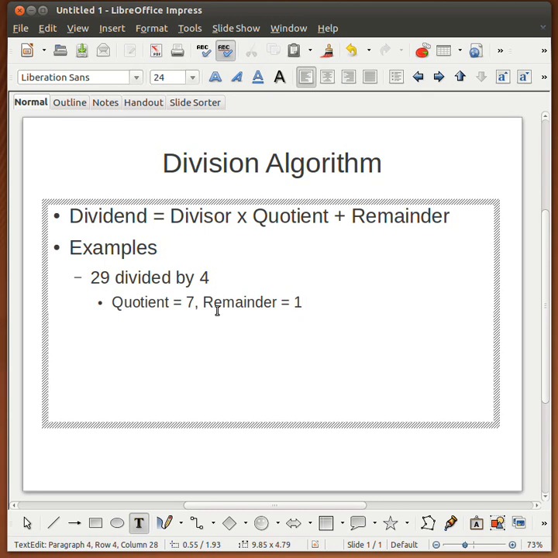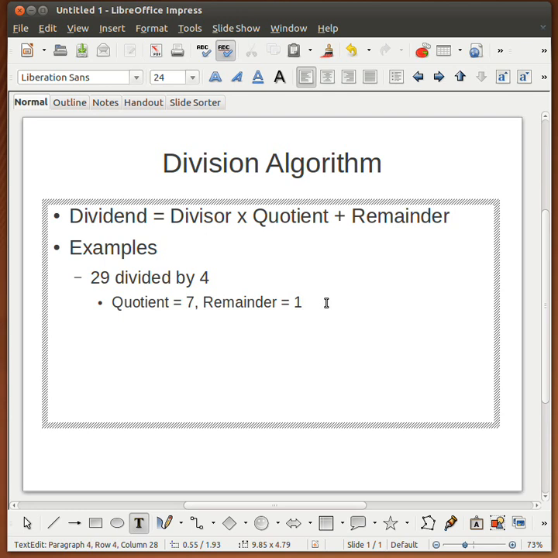So as you can see, 4 times 7 plus 1 equals 29, which is exactly what this algorithm is telling you. Divisor times quotient, so 4 times 7 plus 1, the remainder. So 28 plus 1, which is 29. So this is familiar material for us.